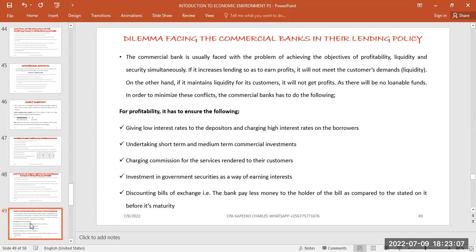Then the other one is undertaking short-term and medium-term commercial investments. That's why banking financial intermediaries offer less risky investments and they are normally on a short-term basis. It comes from here. They want to maximize profit. The other one is charging commission for the services rendered to the customers.